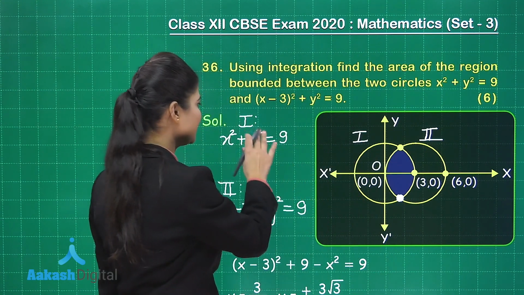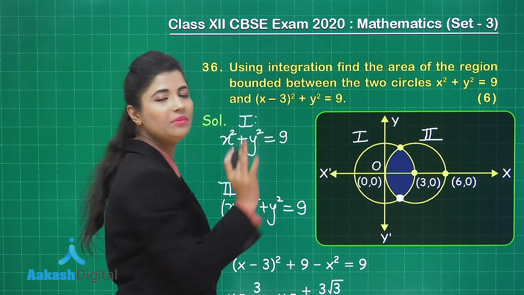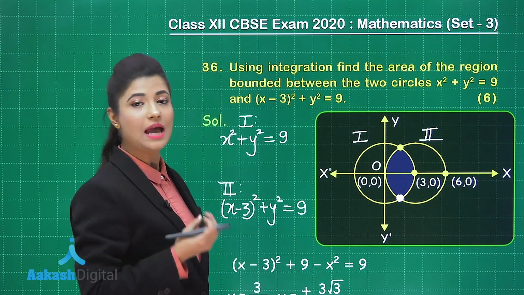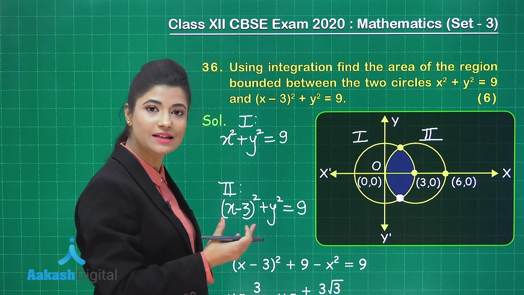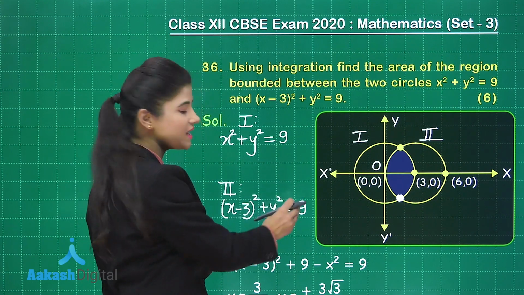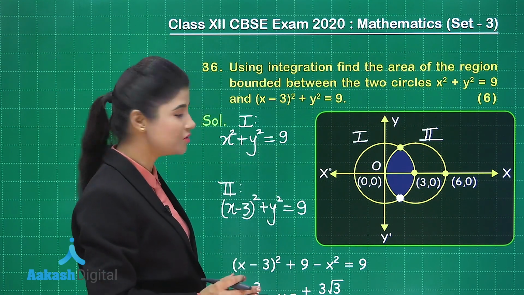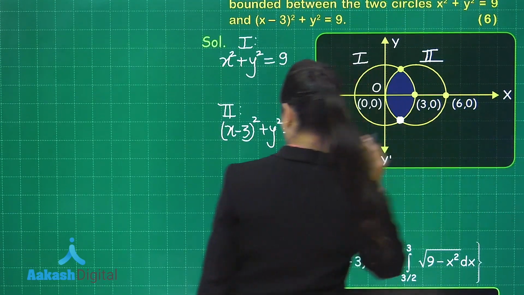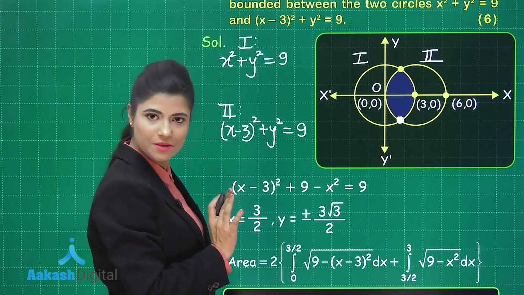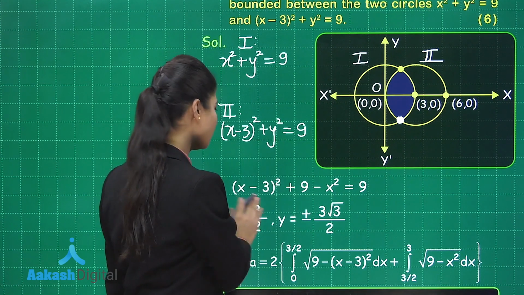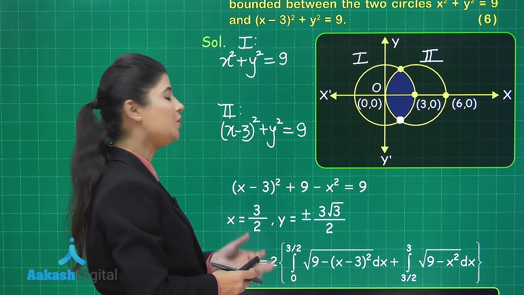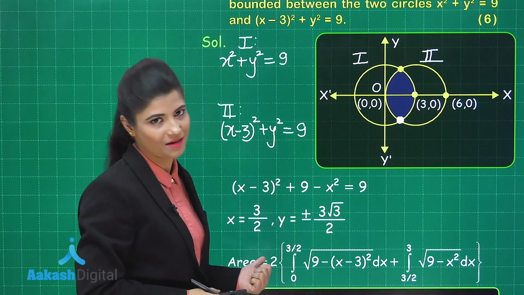Now from this we get a clear idea that y square can be represented as 9 minus x square. This value of y square as 9 minus x square can be easily substituted in the equation of the second circle. After doing this substitution, you will be able to get the value of x. So x square will get cancelled on expansion, and on simplification it will result in minus 6x plus 9 equal to 9, where on further simplification x is 3 by 2.